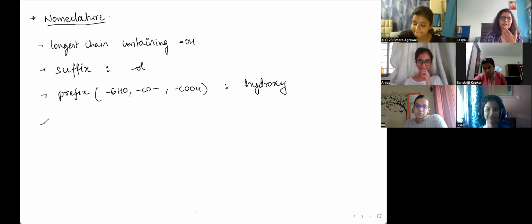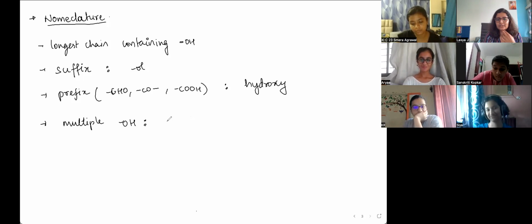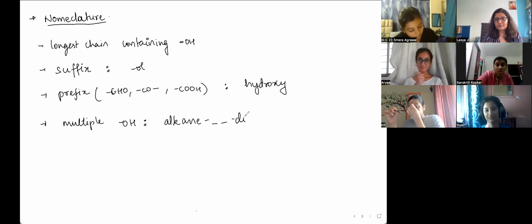This is new. If you have more than one OH group, how do you name things? Diol, triol. So it follows the alkane, propane, butane, hyphen, give the position numbers of both of these, and then diol.